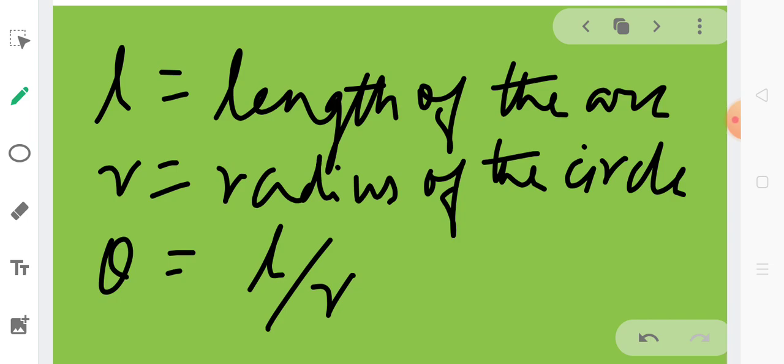Theta is the angle subtended by an arc of length L at the center of a circle of radius R. So angle is given by theta equal to L by R.